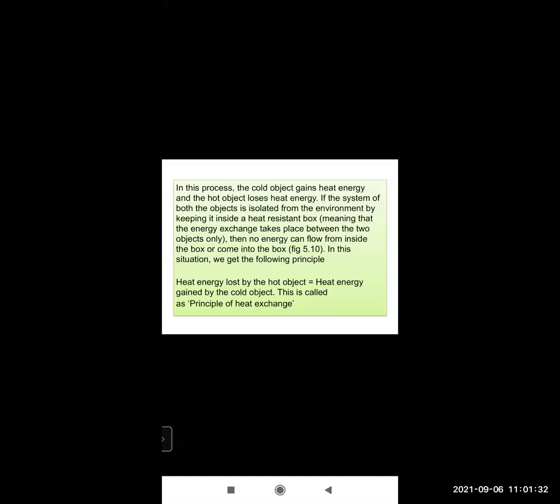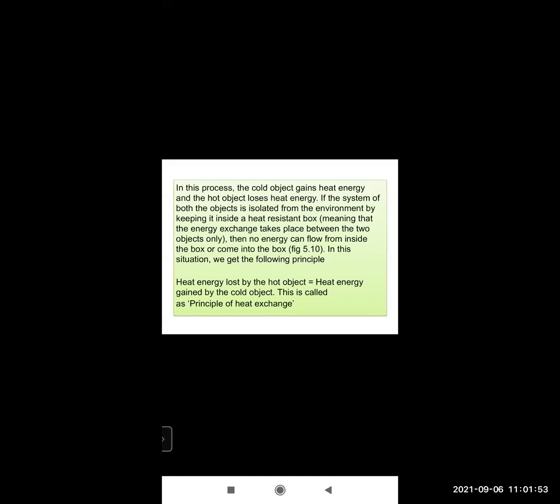Just see what is the meaning of heat resistant box: the energy exchange takes place between the hot and cold objects only. Then no energy can flow from inside the box or come into the box, meaning no energy will go out of the box and no energy will enter from outside the box.